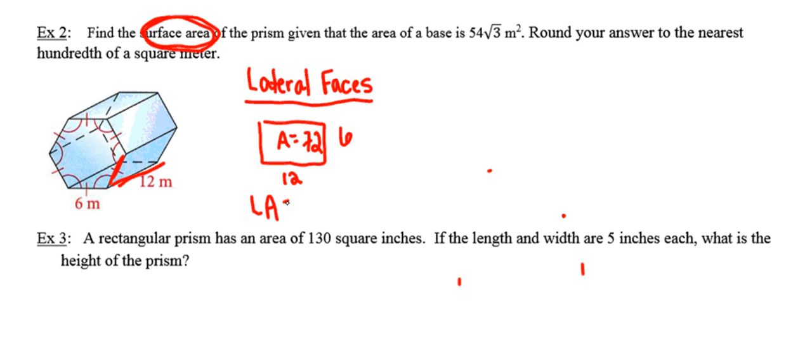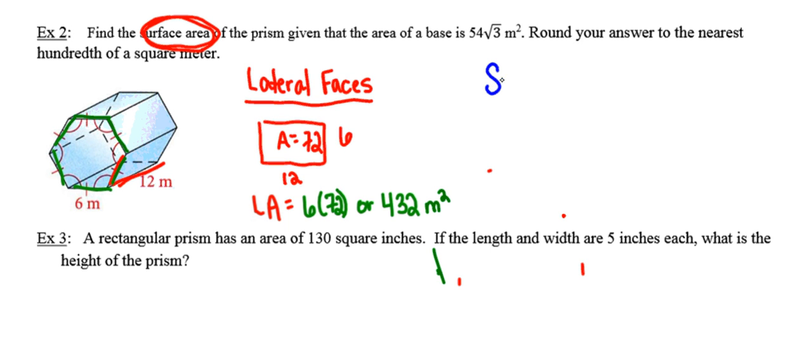The lateral area is made up of 6 of those rectangles, and I can come over here and count them: 1, 2, 3, 4, 5, 6. So 6 times 72, or in other words, 432 square meters.